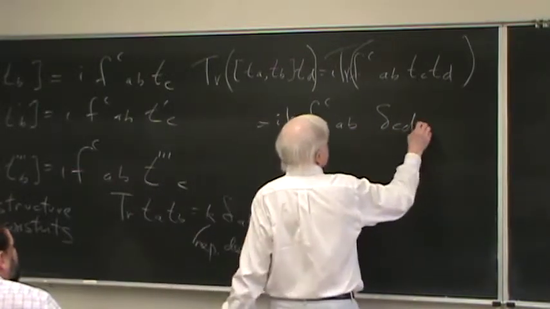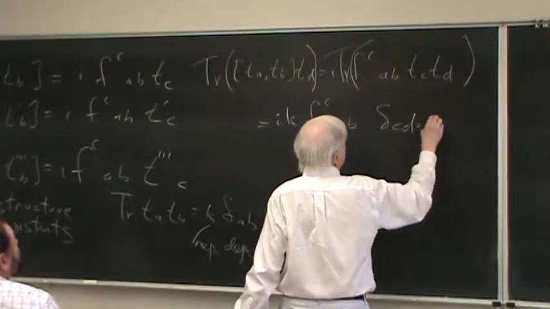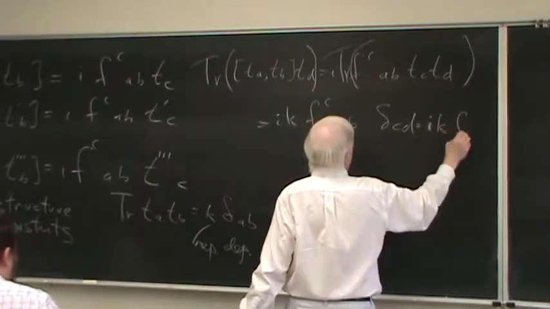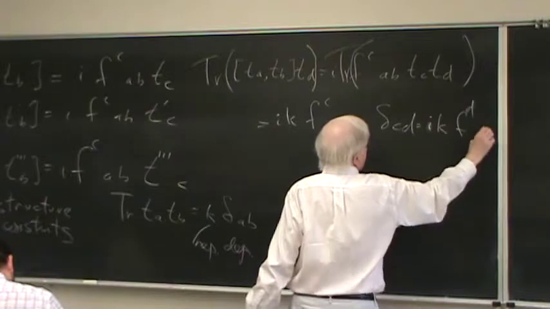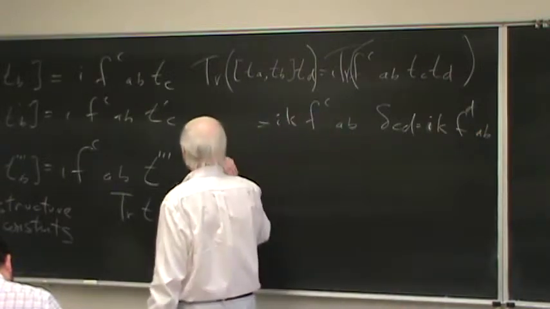And so this is i K F^D_AB. So now we have a formula for F^D_AB.